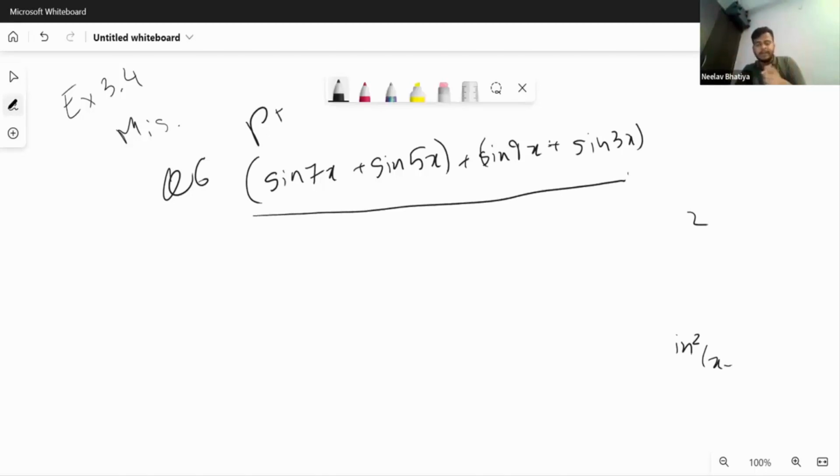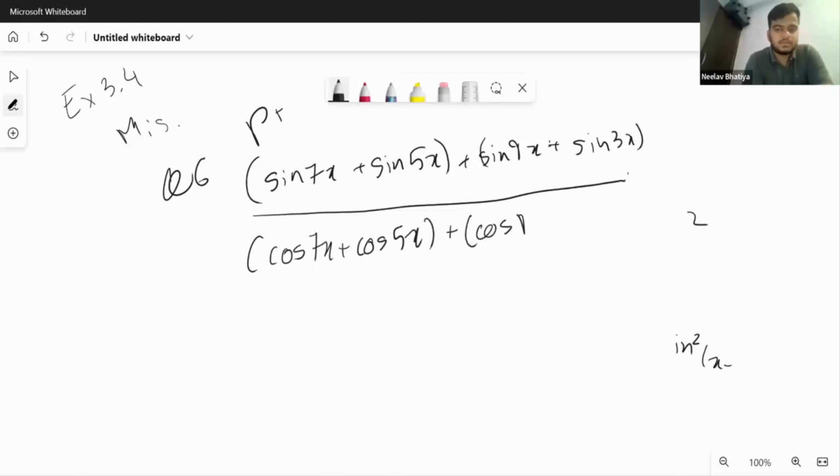As I was reiterating to you again and again, try and think along how you're going to form the RHS term. And for the sake of us being able to do this question, they have already given us the brackets that we need to explore solutions in, right? So in the denominator, I'm going to have something like cos 7x plus cos 5x plus cos 9x plus cos 3x, correct?